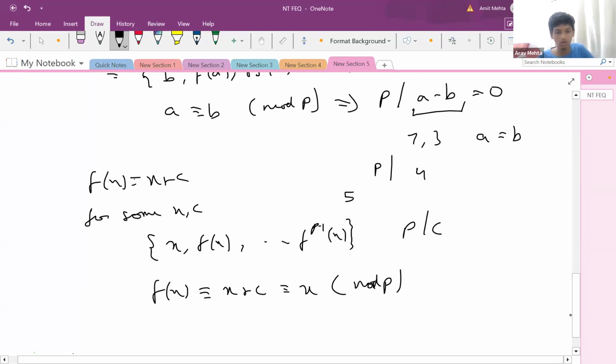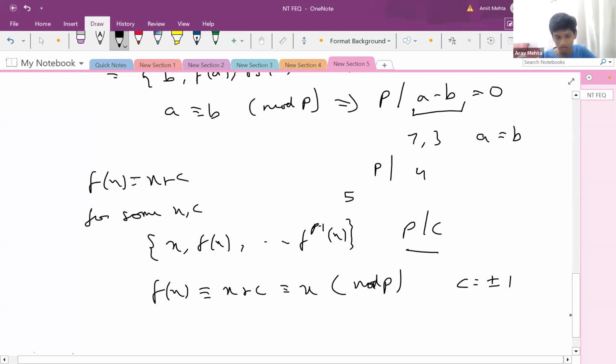And this is a contradiction because none of these elements leave equal remainder when divided by p. But that can only happen when there does exist a prime dividing c. And the only place where there does not exist a prime dividing c is when c equals plus or minus 1.